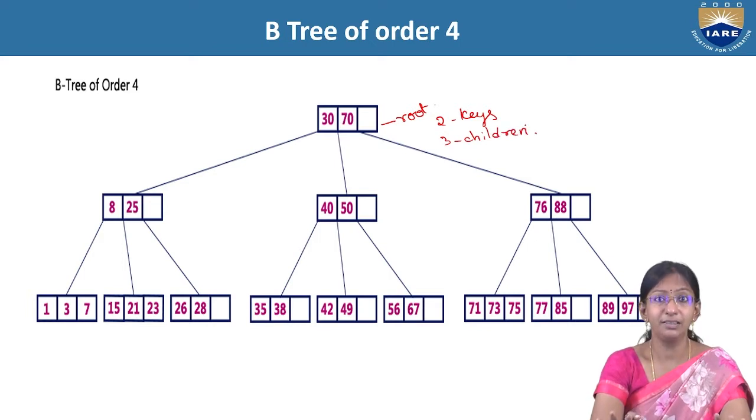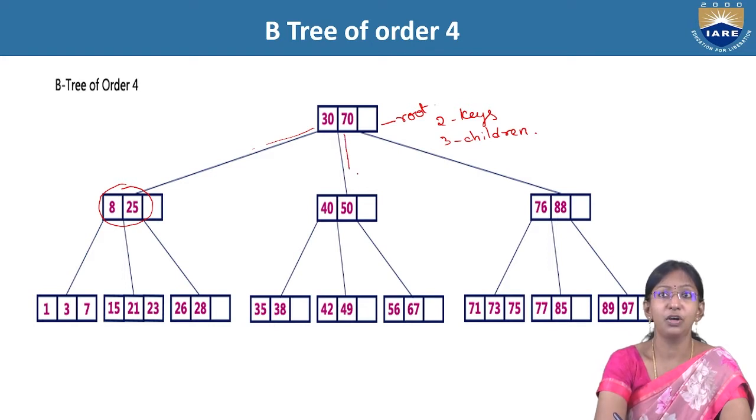This is the current scenario I'm talking about. Coming to the left children of 30, the values 8 and 25 are both less than 30. Coming to the right children of 30, which are 40 and 50, both are greater than 30. This is from the point of view of 30.